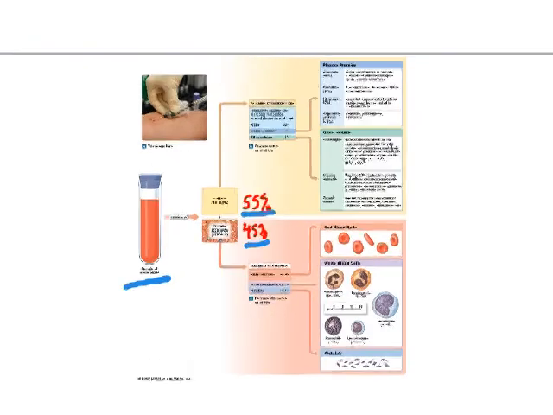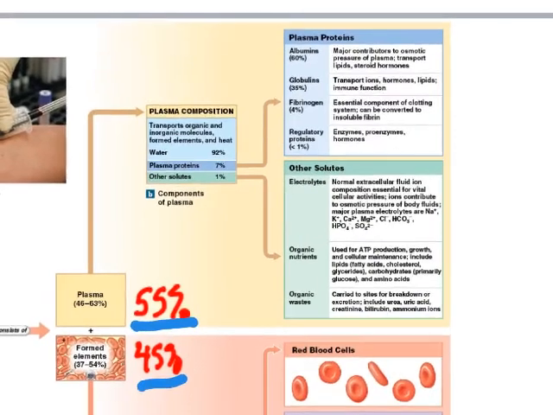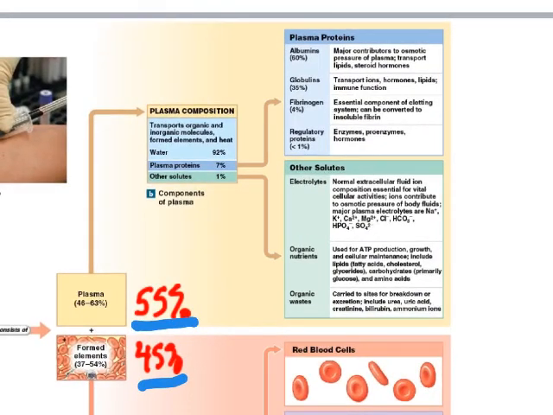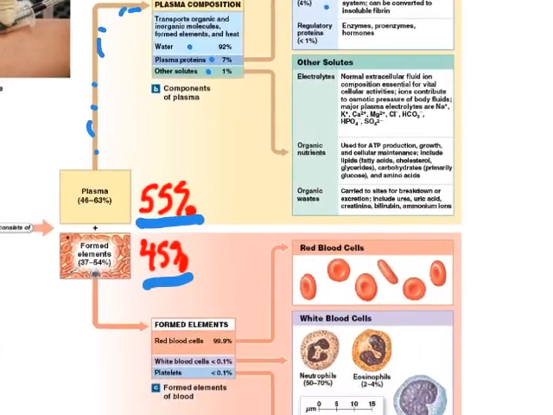I don't think there's a lot of new information here, but just in picture form what we talked about. So if you look at the plasma, you can see that we've got water, proteins, and solutes like we mentioned, and you can see some of the percentages here of those proteins I was talking about, and some more examples of the electrolytes.